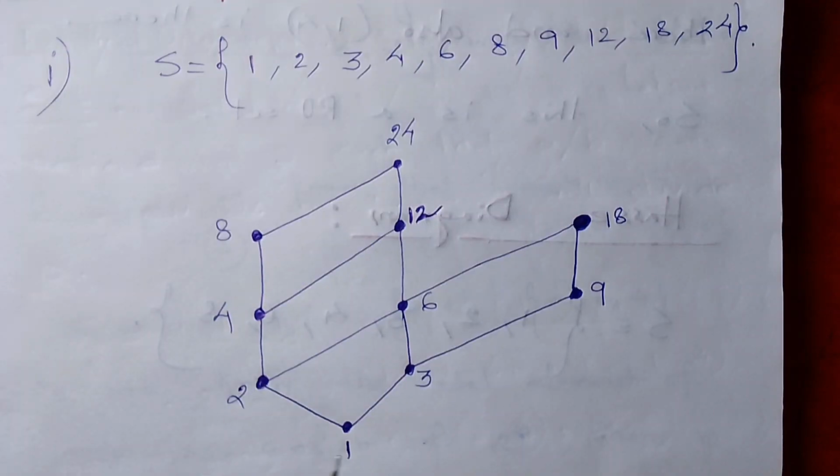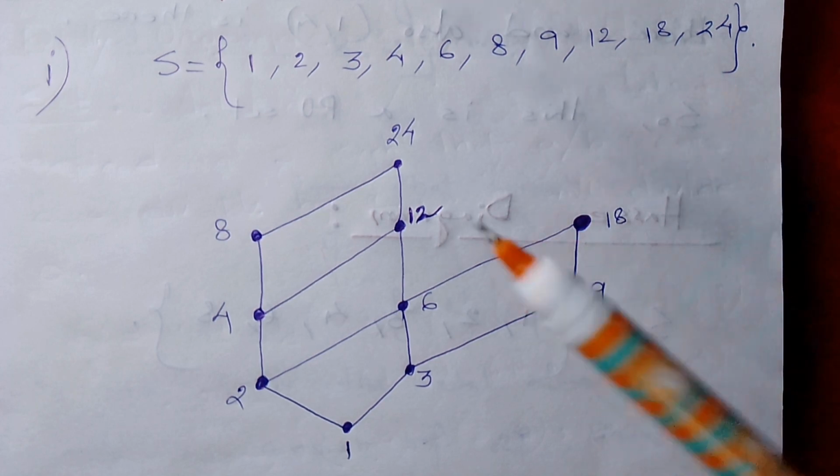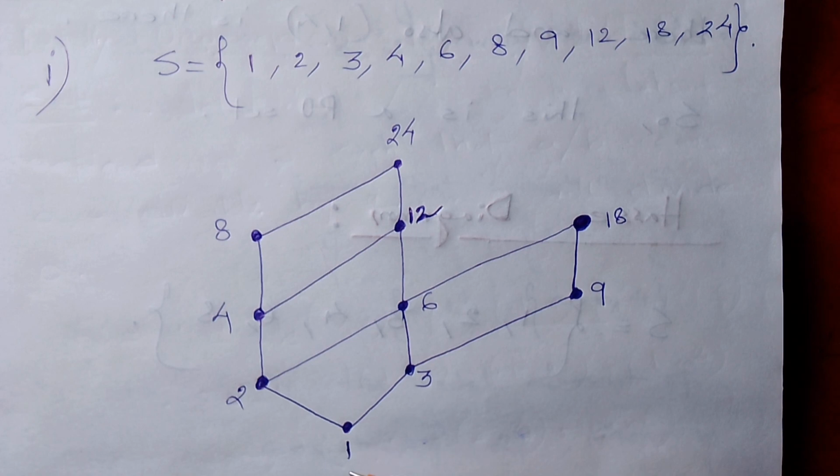And now we will draw the Hasse diagram of the poset. From the definition of the Hasse diagram, we know first we will pick the first element of the poset. That is 1, and we will give a vertex to 1.